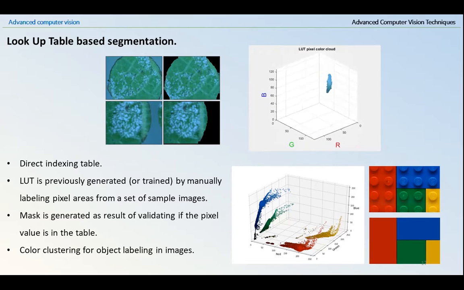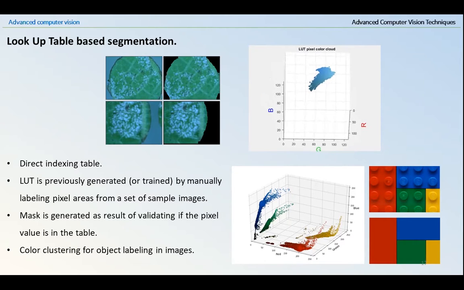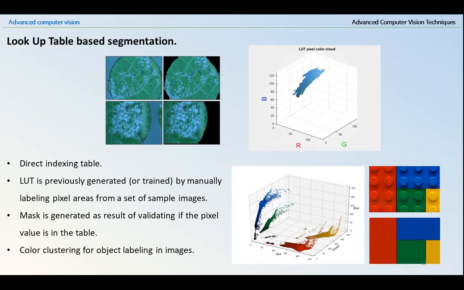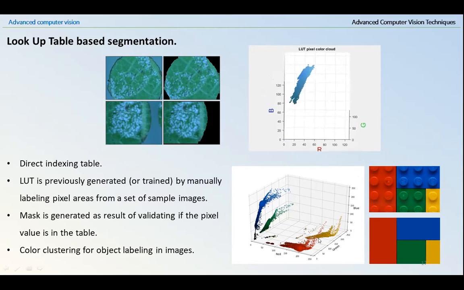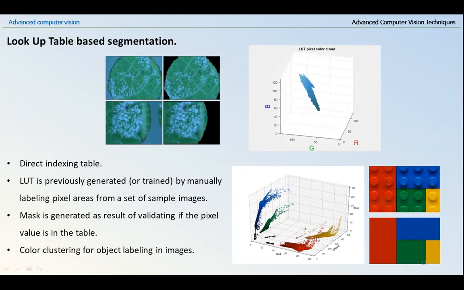Is this pixel with this RGB value inside that table? If yes, put 1 in the mask. If no, put 0. You can also create this 3D table in order to look for different objects at the same time, like in the picture with these Lego pieces. You can manually label each one, and then it will generate this cluster 3D table, and it becomes basically like a clustering problem for classification.